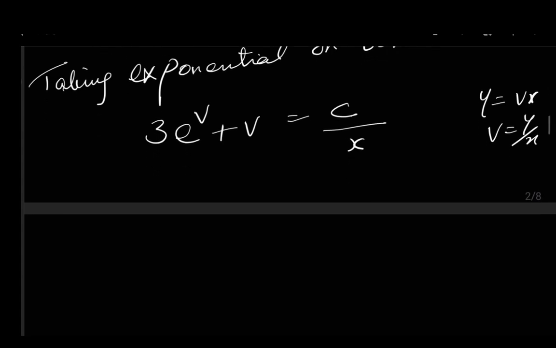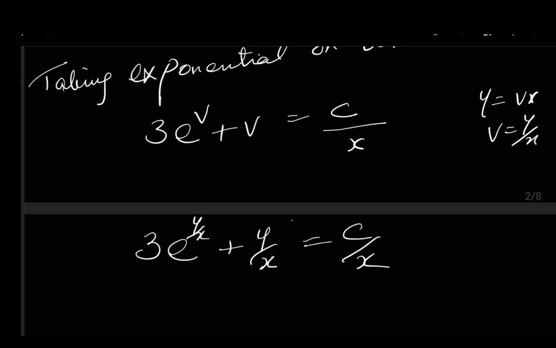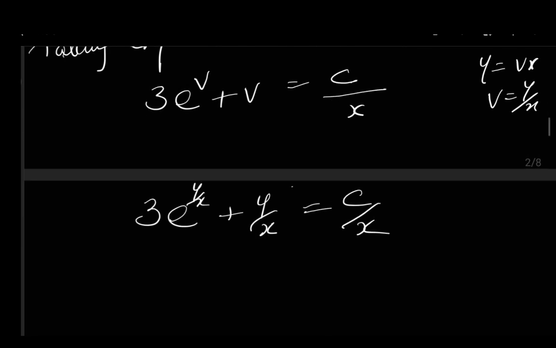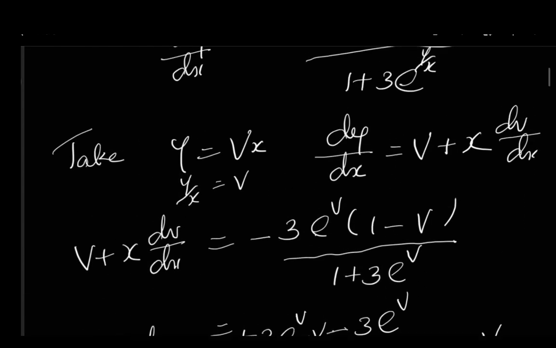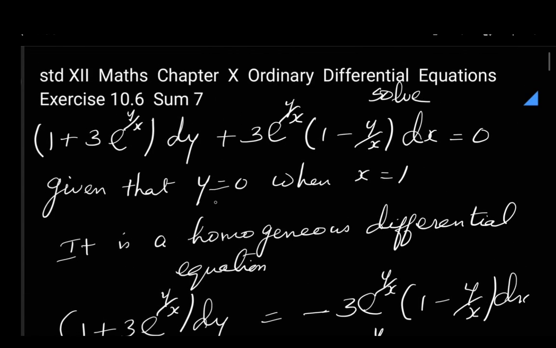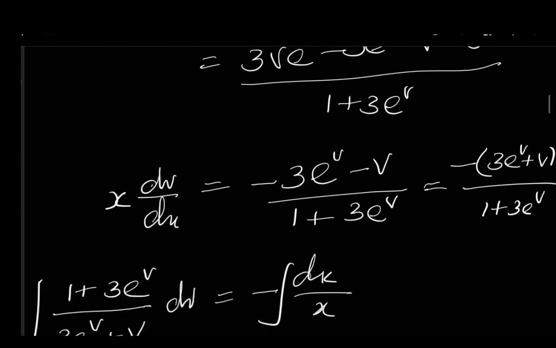Replace all v as y/x: 3e^(y/x) + y/x equals c/x. This is our equation. But one condition is given in the problem: when x equals 1, y equals 0.